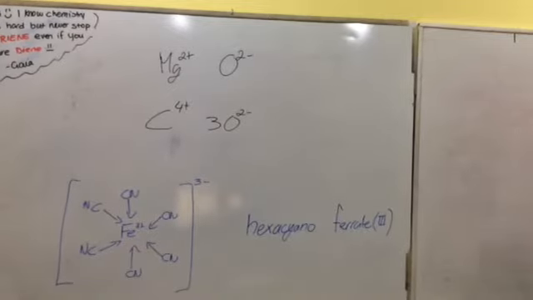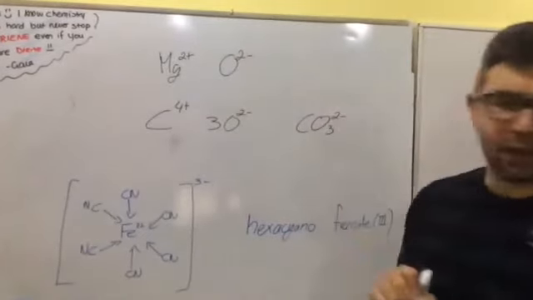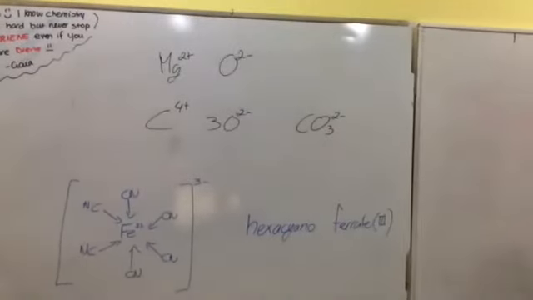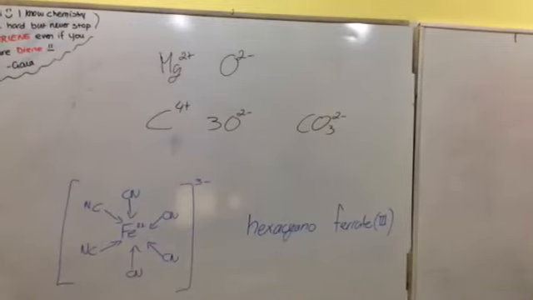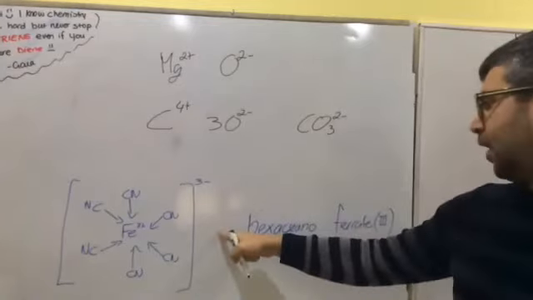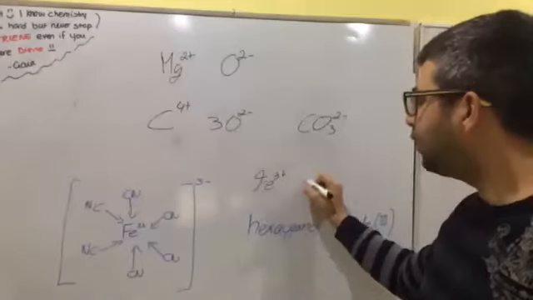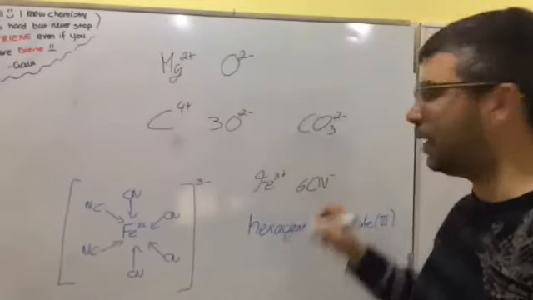So you end up having CO3 2 minus. So you're literally counting the positive charges and the negative charges. Okay? For the hexacyanoferrate, you have Fe3 plus and 6 CN minus.